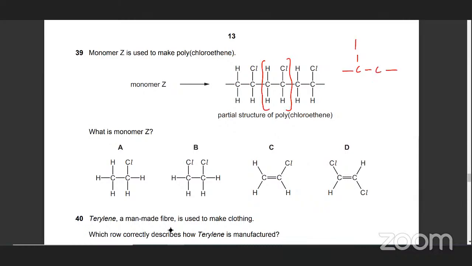So it's this thing. That's being repeated over and over again. उसको वापस monomer में convert कर दो. Get rid of the linkages and bring the double bond back. So that's your monomer. तो कौन सा molecule इससे मिलता? C. ठीक है, so C is your answer.